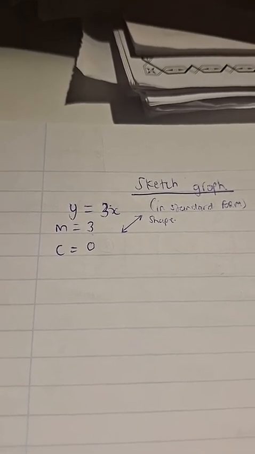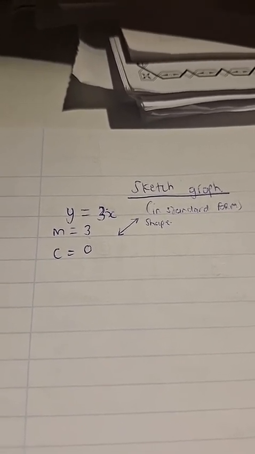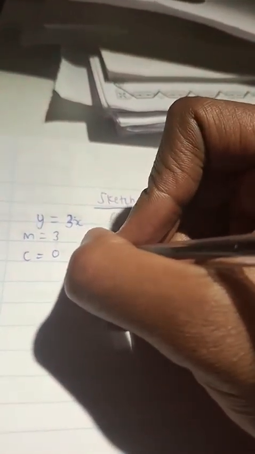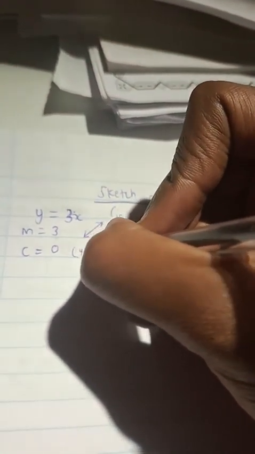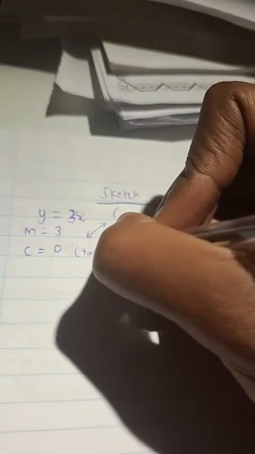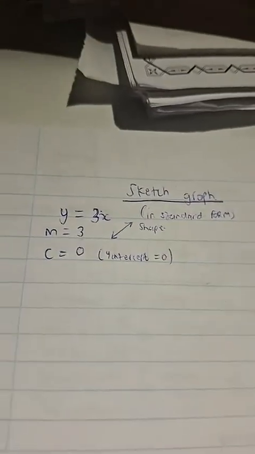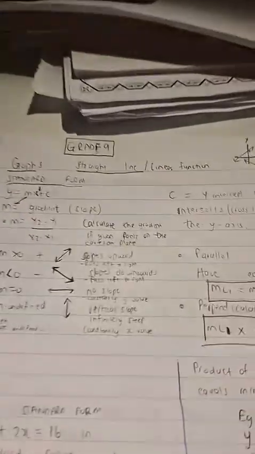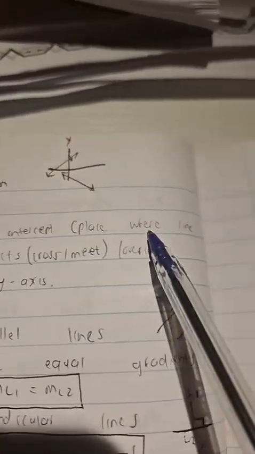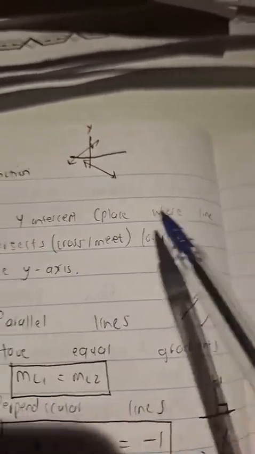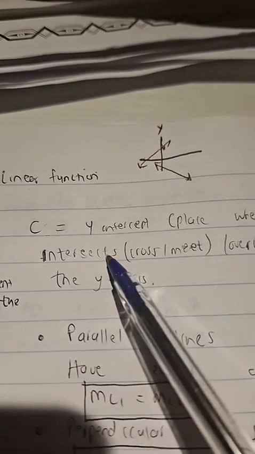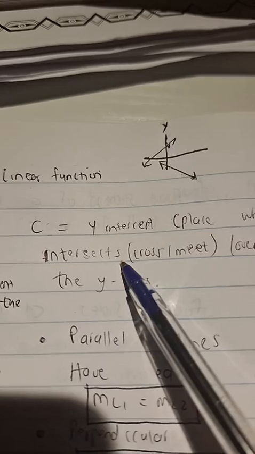Now, having said that, that means our y-intercept is equal to 0. In other words, what is the y-intercept? What did we say is the y-intercept? We said this is the place where the line that we are sketching intersects. What does the word intersect mean?